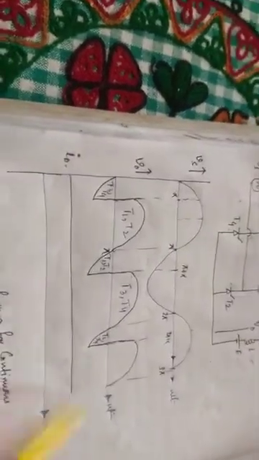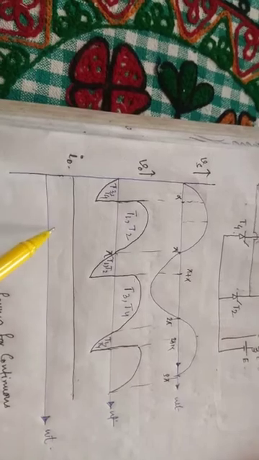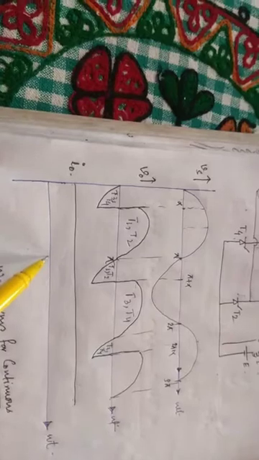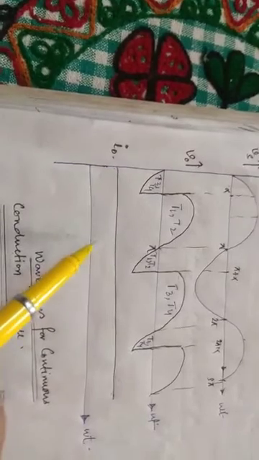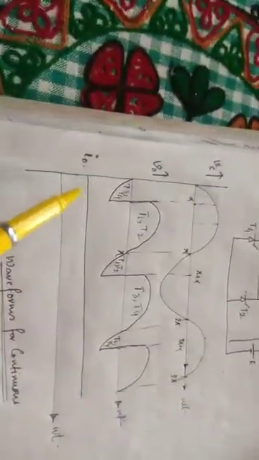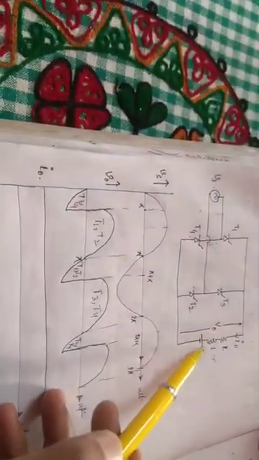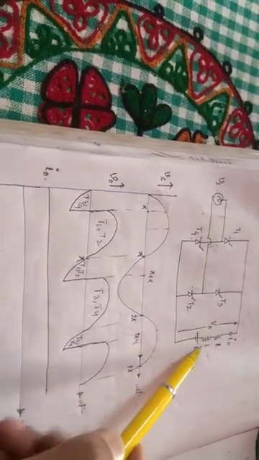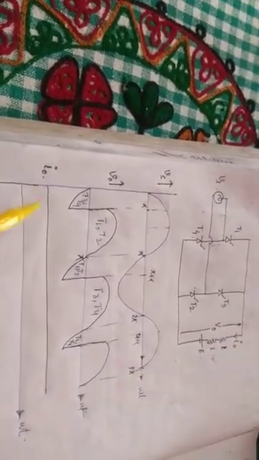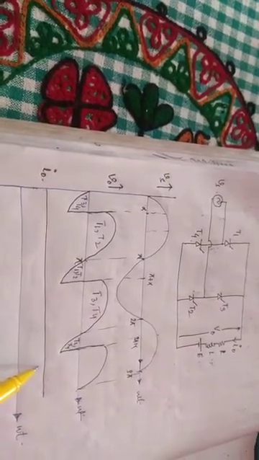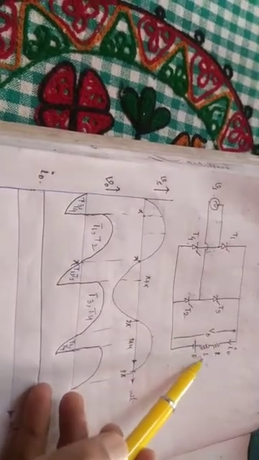Sometimes the current falls to zero, and in that case the mode becomes discontinuous conduction mode, but here we have considered continuous conduction mode. We have also considered the output current to be constant, and this is only possible if the output circuit has a very high value of inductance.